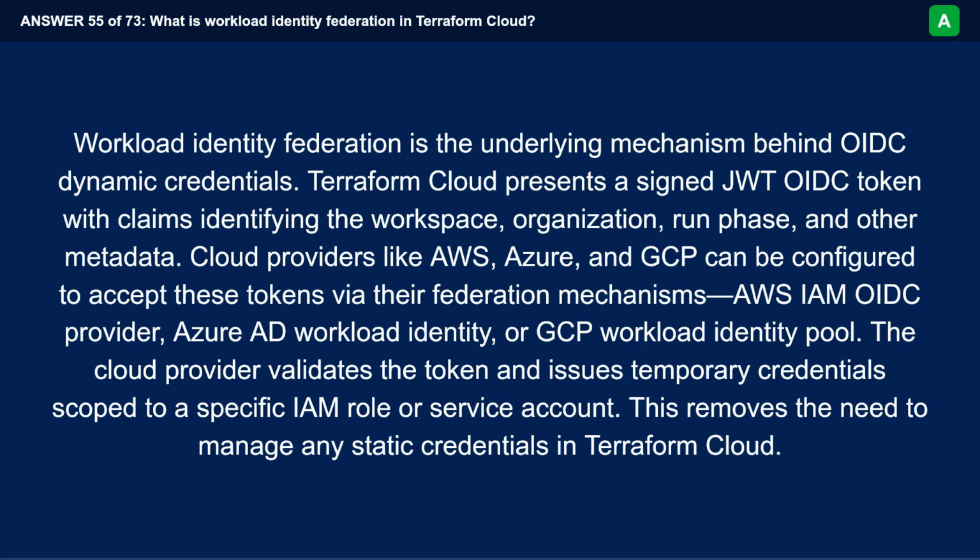Cloud providers like AWS, Azure, and GCP can be configured to accept these tokens via their federation mechanisms: AWS IAM OIDC provider, Azure AD Workload Identity, or GCP Workload Identity Pool. The cloud provider validates the token and issues temporary credentials scoped to a specific IAM role or service account. This removes the need to manage any static credentials in Terraform Cloud.